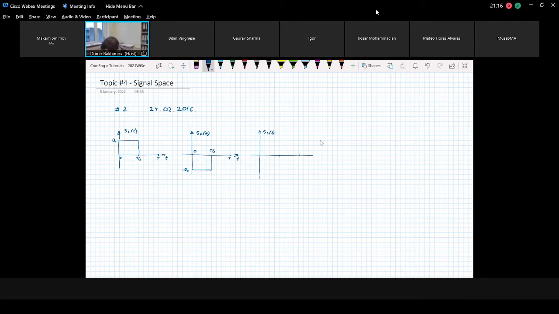For the third signal, we have a pulse that starts at T over 2 and goes up to capital T. And all of them have amplitude u0. And the last pulse also goes from capital T over 2 to capital T and has negative amplitude minus u0.